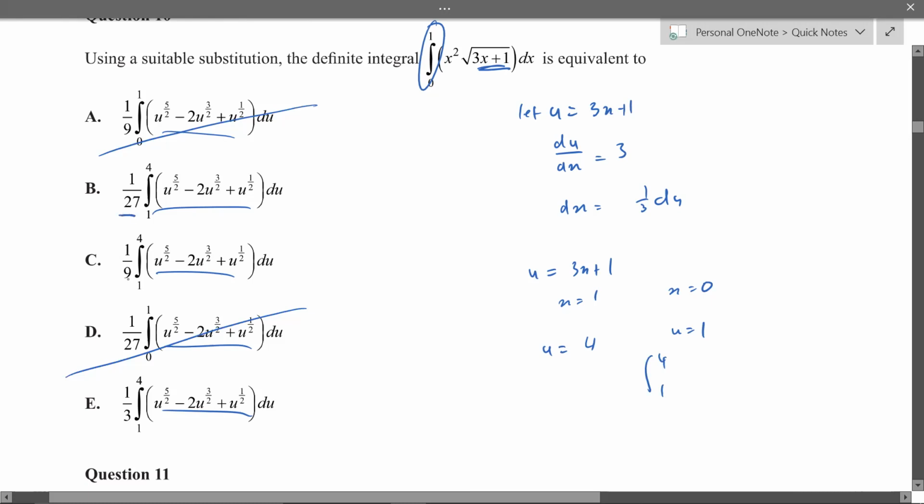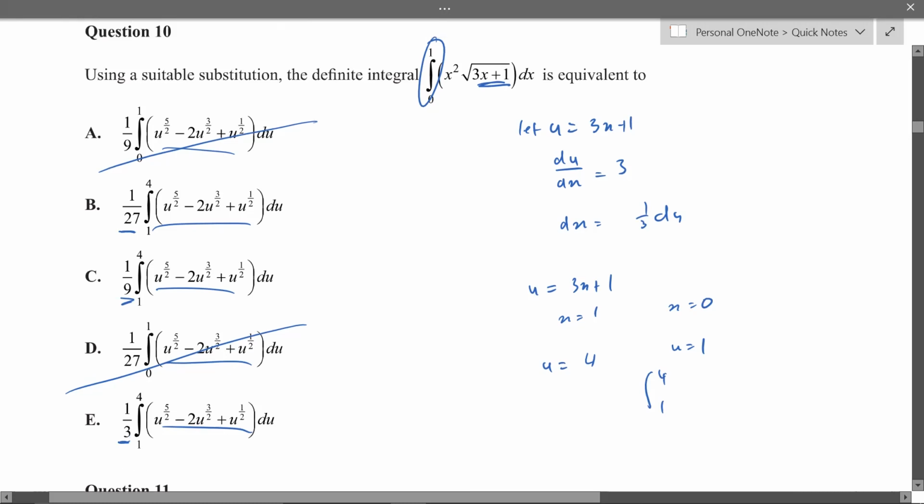And then the last thing we can look at is the coefficient in front of the integral. For this, we kind of do have to expand this a bit, but not really, because you can see the only thing that would affect it would be when you square it and this part. So if we rearrange this to find x, x is u minus 1 on 3.